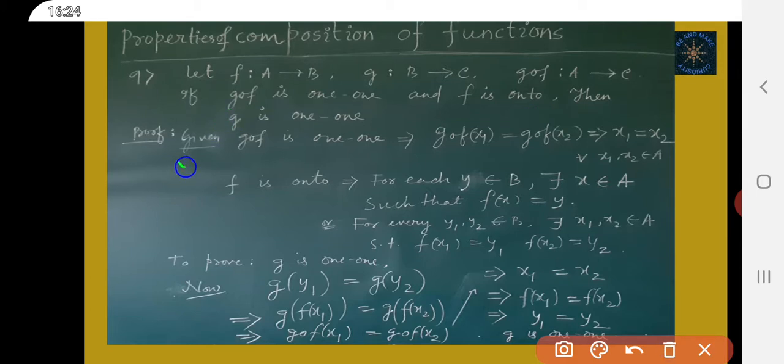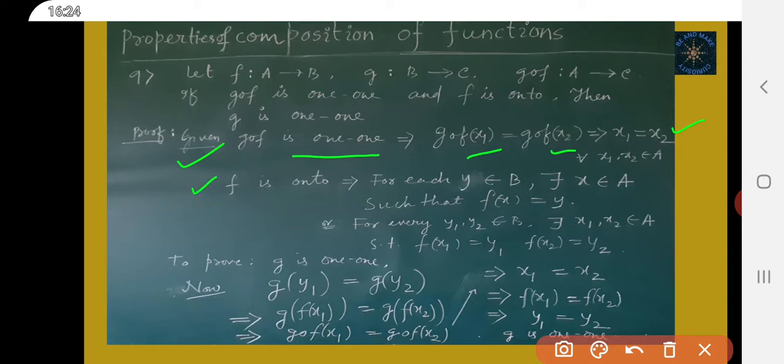Here what is given? The g∘f is 1-1. That means g∘f of x1 equal to g∘f of x2 implies x1 is equal to x2. We can write. Okay. Here you see f is onto.